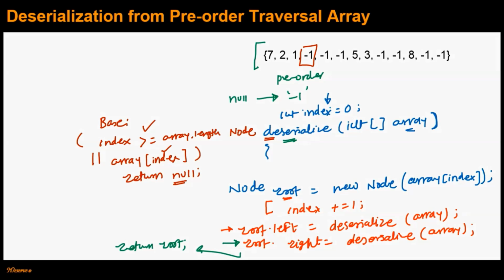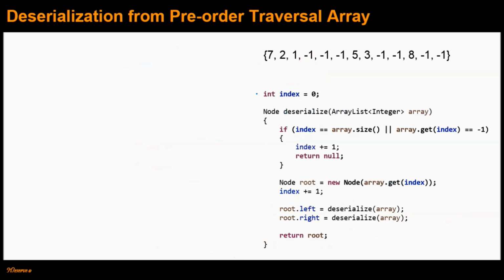Overall, the implementation for the deserialization looks like this procedure. This if block is the base case, where if we are done looking at all the elements, or if we are looking at an element which has the value of -1, we simply return null.